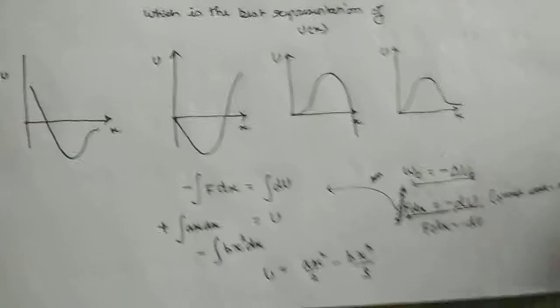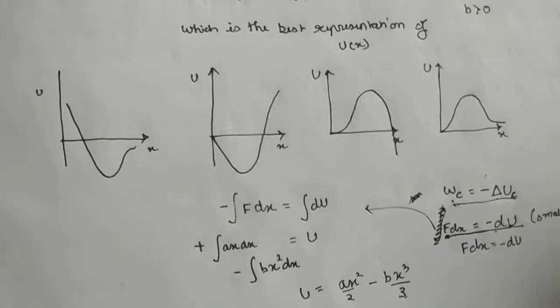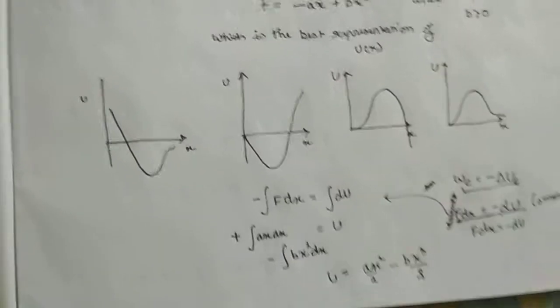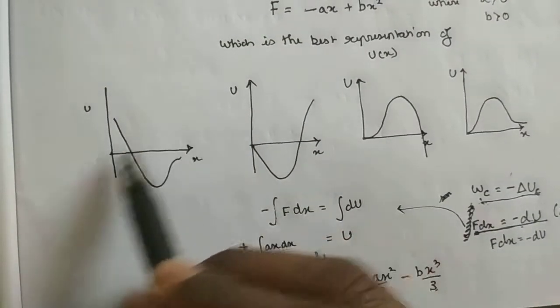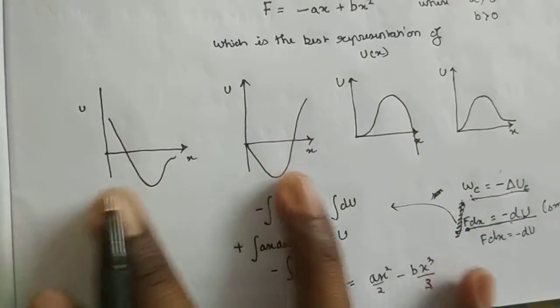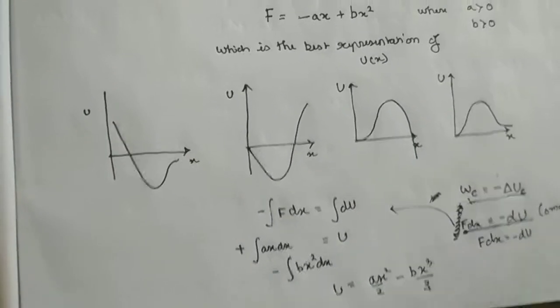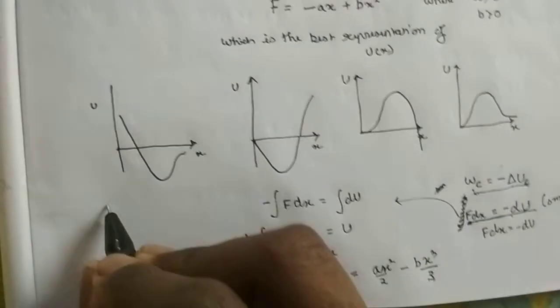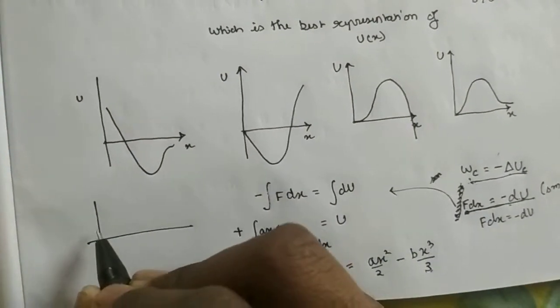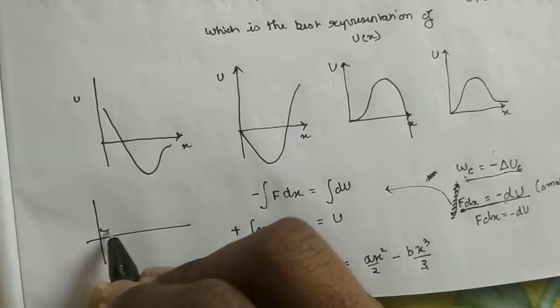Now we need just a tiny bit of concept about equilibrium, then we can easily eliminate two options from our answer. Suppose this is a u versus x graph.